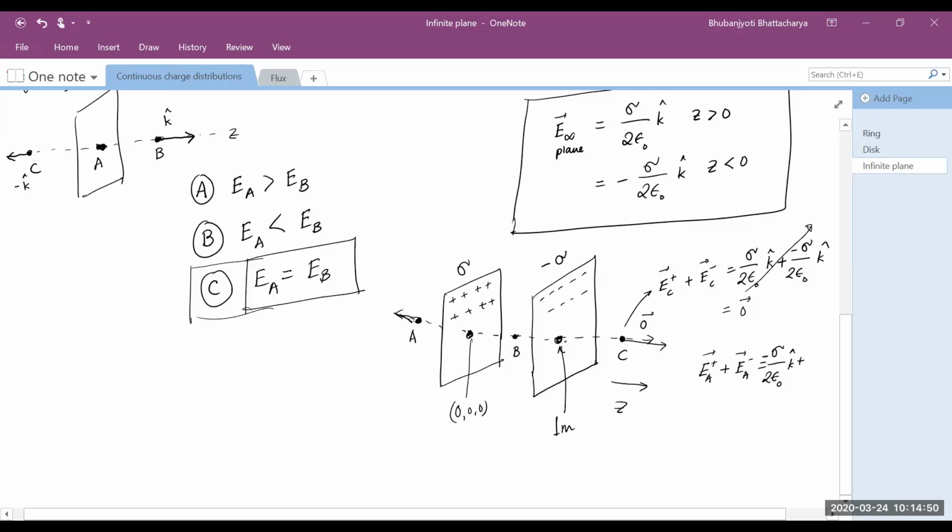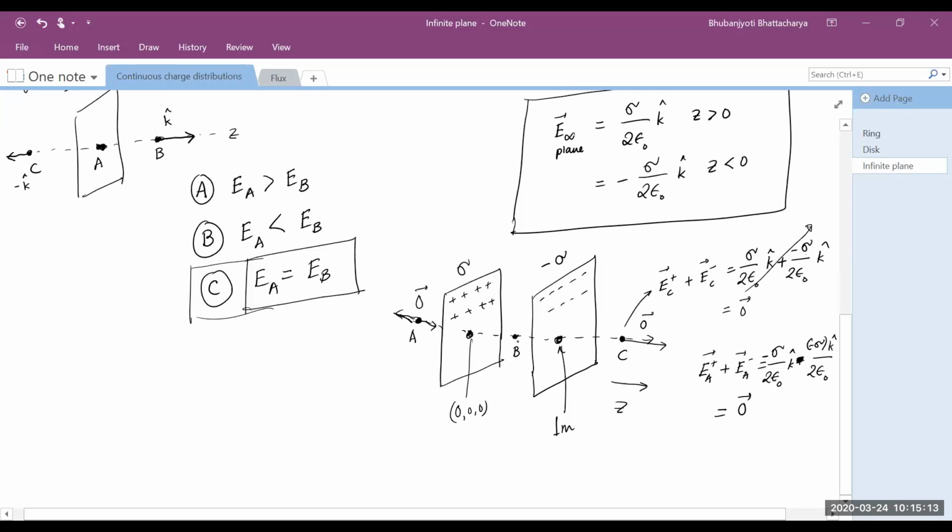Due to the negative charge, that's pointing in the positive z direction. So there is a minus over here, but there's also an additional minus over there, k hat over 2 epsilon 0. If I add these two together, what I get looks like negative sigma, positive sigma. So this is again 0. So the electric field over here is 0.